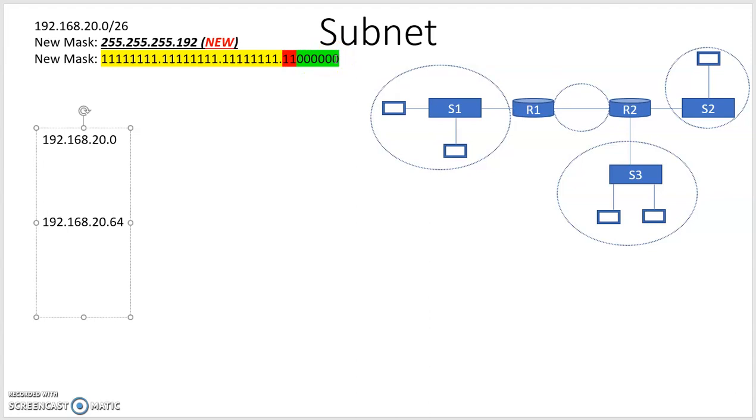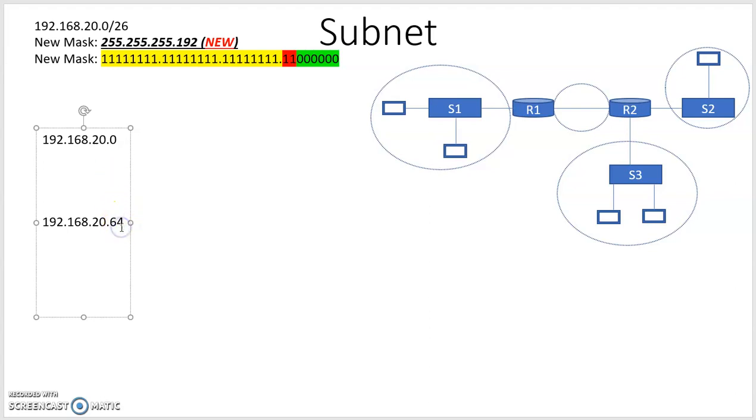So I know that each subnet consists of 64 possible IP addresses. If I start counting from 0, then it ends at 63, that is 64. So the next starting IP address for the next subnet is 64.